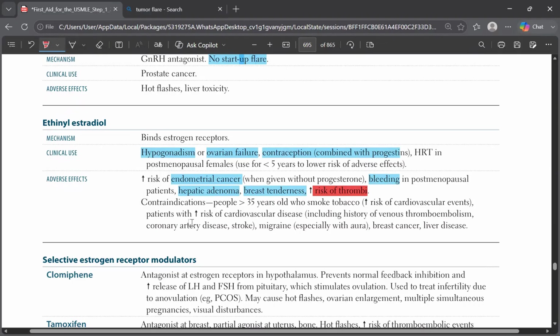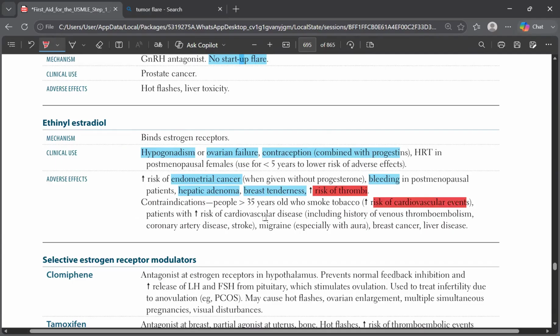The contraindications are in people who are greater than 35 years of age who smoke tobacco. There's increased risk of cardiovascular events, and that's why when you have to advise this drug to any postmenopausal females or females above the age of 35, you ask them if they are cigarette smokers or tobacco smokers, and if they are, then you do not give ethinyl estradiol or estrogen analogs, because there's going to be an increased risk of cardiovascular events.